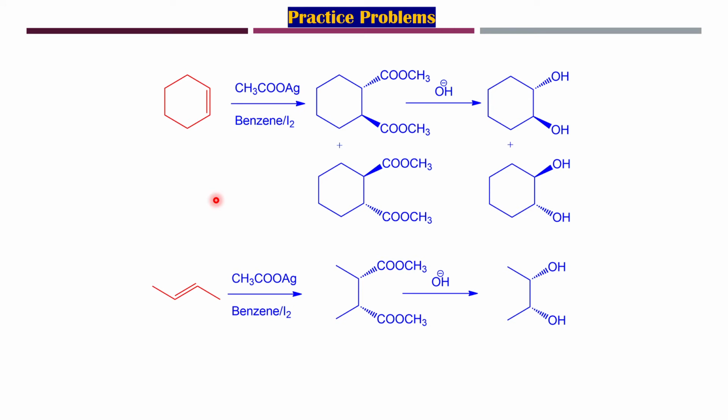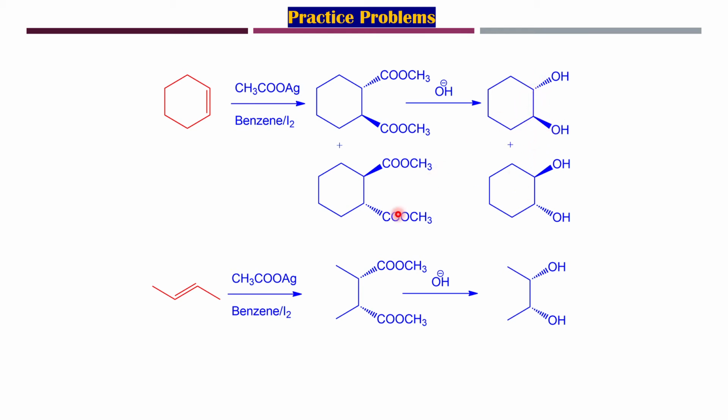So this is a rigid ring and we are using the Prevost condition, and as we have said before, the product over here is going to be the trans dicarboxylate. We said it was going to be diastereoselective, if you remember the points that we had discussed before. And once you are doing the basic workup, it will lead to the mixture of these trans diols.